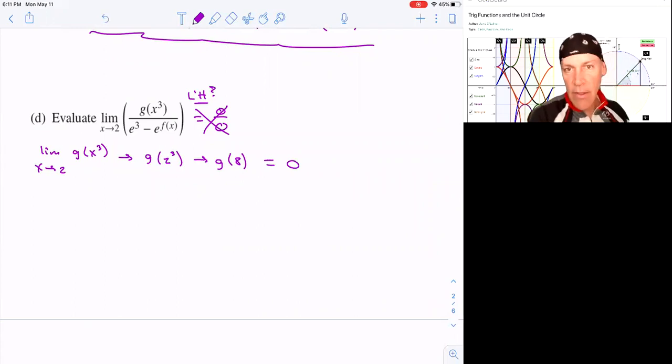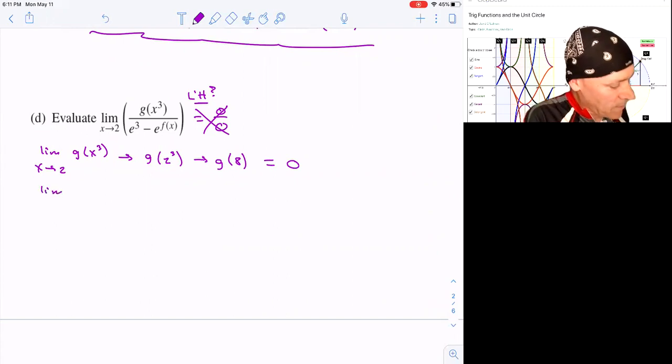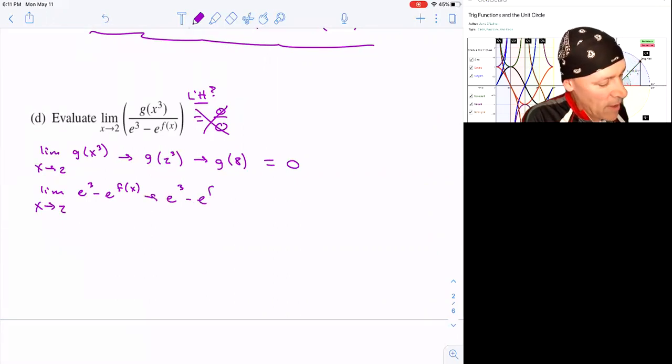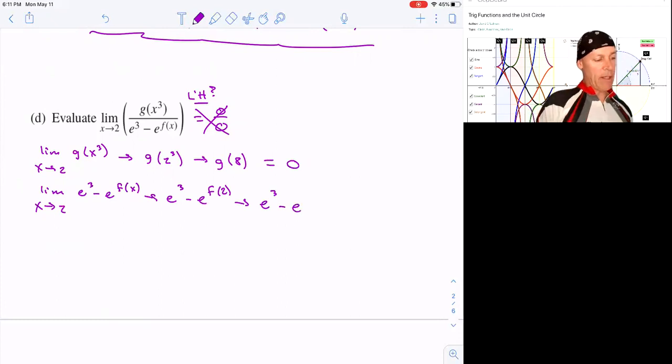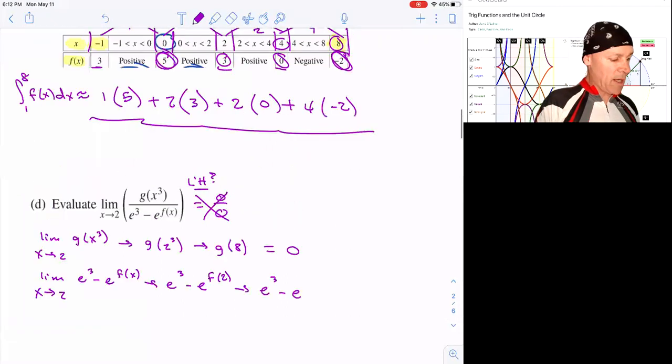Now I'm going to do the same thing for the denominator. So the limit of e to the third minus e to the f of x as x approaches 2. This is going to be e to the third minus e to the f at 2. Then I go to my table to see what f at 2 is equal to, and I would bet a dozen donuts that it's going to be 3.